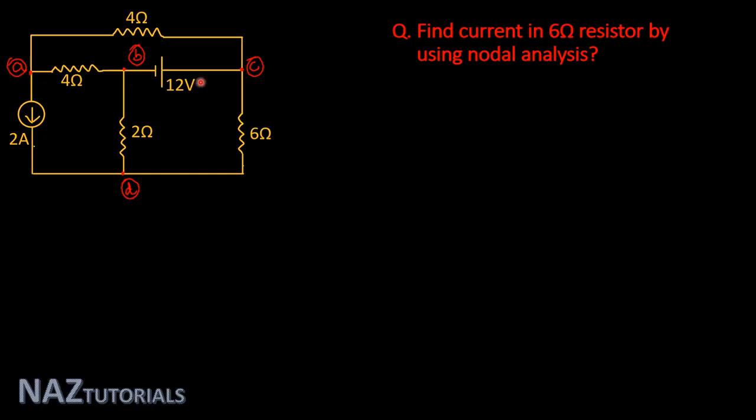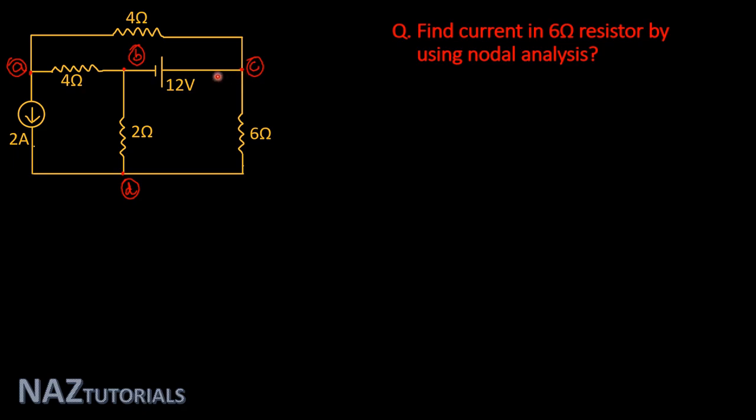Now our next option is if you select node B or node C, any one node as a reference node, the solution will be much easier. And if you select node C as a reference node, then the solution will be very simple.